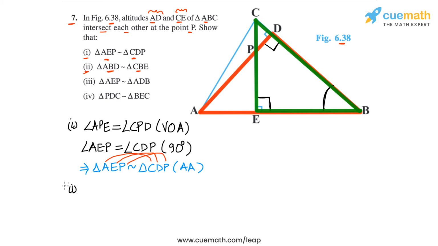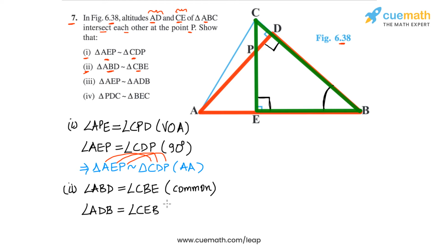So once again, the AA similarity can be applied to these two triangles. Okay, so let's write this now. So angle ABD in the first triangle is equal to angle CBE in the second triangle, because this is basically the same angle. So it's common to the two triangles. And also angle ADB is equal to angle CEB, as both of these angles are equal to 90 degrees.